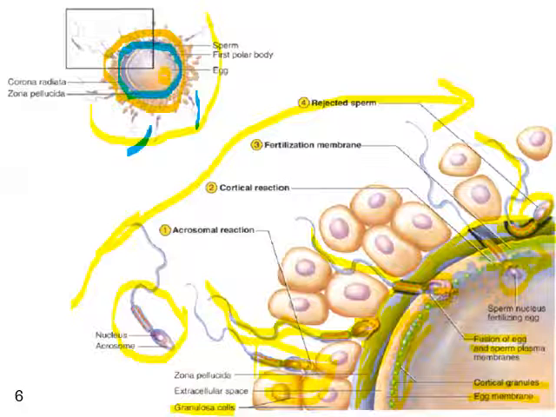That fusion, in addition to triggering the release of the cortical granules, also causes the nucleus of the oocyte to undergo the second meiotic division. So now we have two haploid genomes, the haploid genome inside the spermatid, and the haploid genome inside the oocyte.